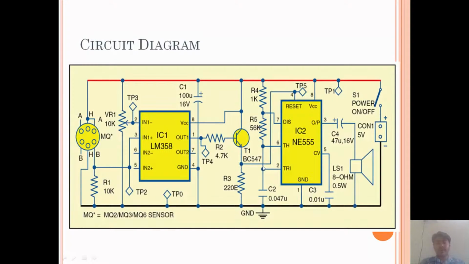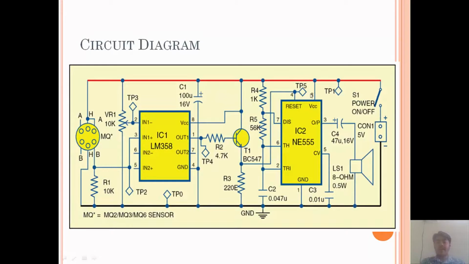This output is sent to pin number 4 of the 555 IC, which is reset, and reset is active low. So now this 555 will generate a frequency according to the values of R4, R5 and capacitor C2.